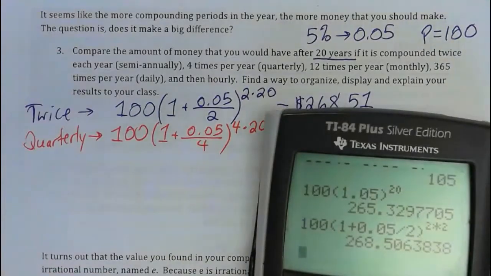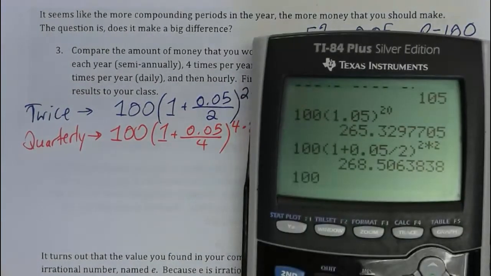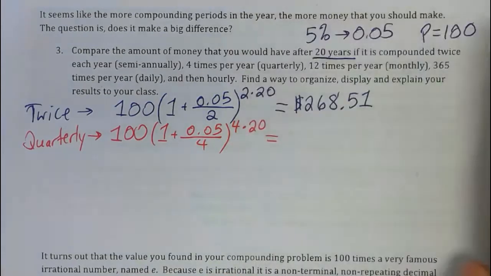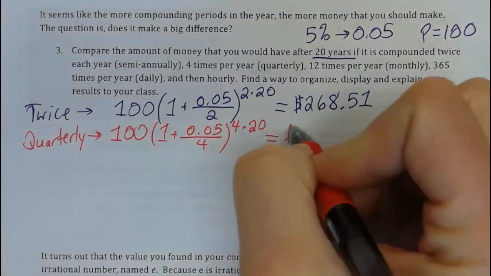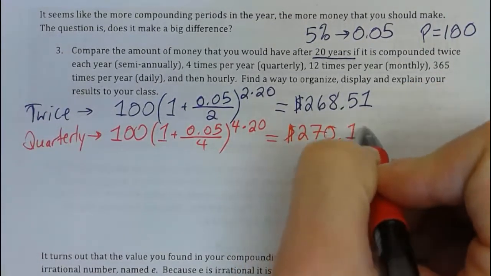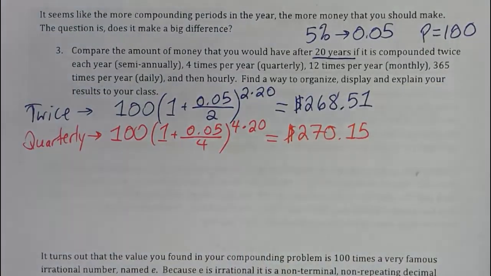Grabbing our calculator, we can put that formula in, divided by 4, and then raise that to the power of 4 times 20. And now we're up to $270.15. So now if we compare that to just once a year, well, now we are up almost $5 from what we were compounding only once a year.